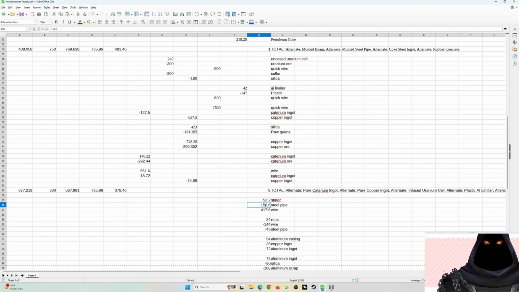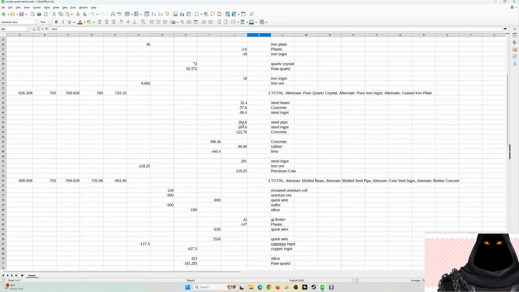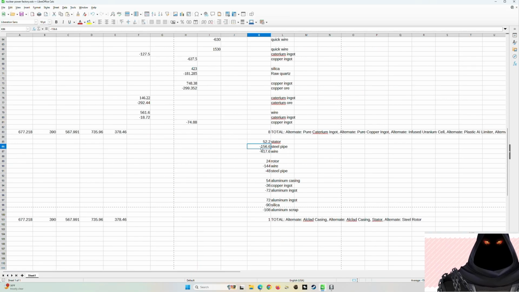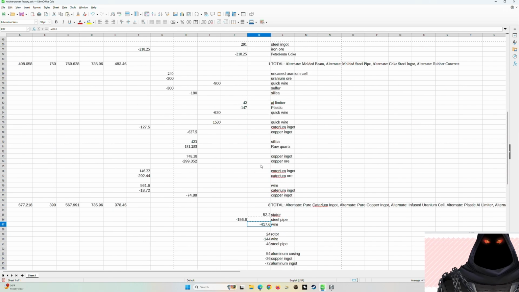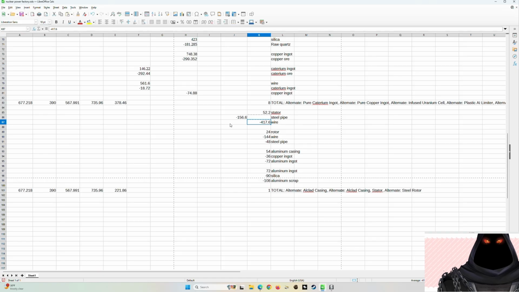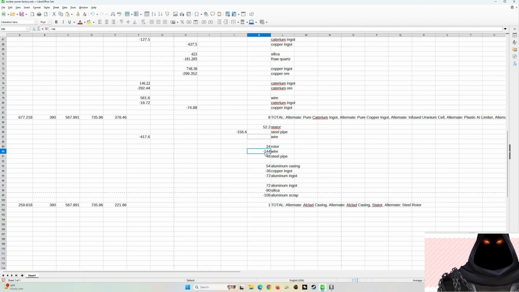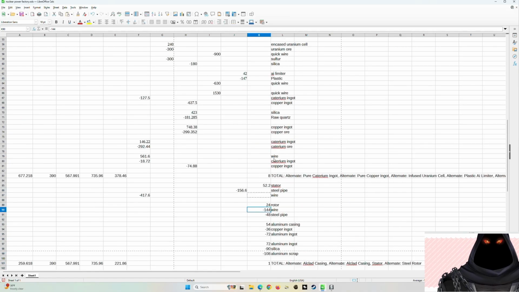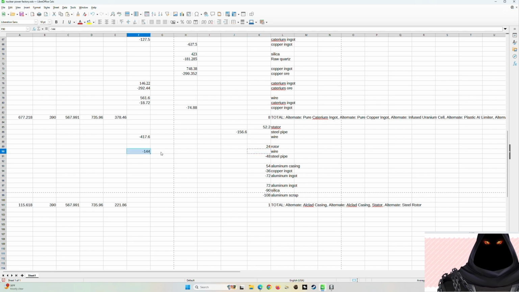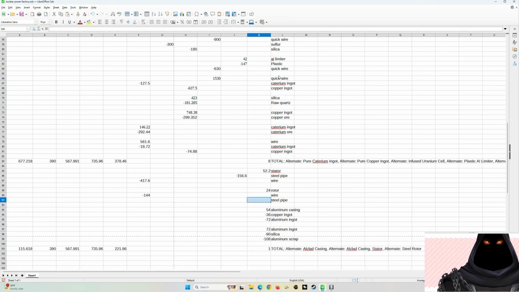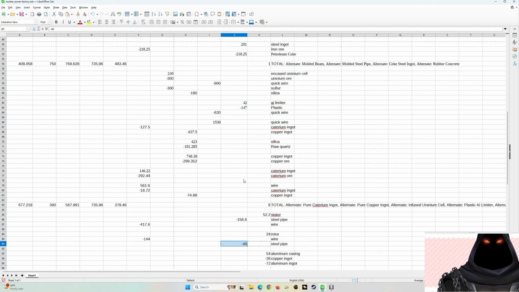Alright, so steel pipe is located on J. Wire located on F. Okay. Wire is there. Steel pipe is there.